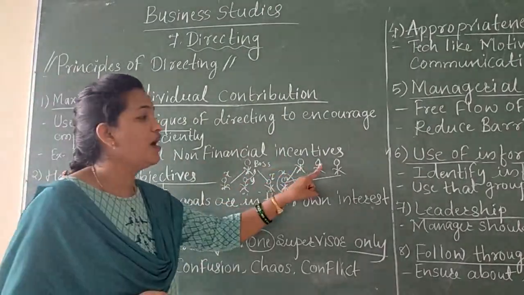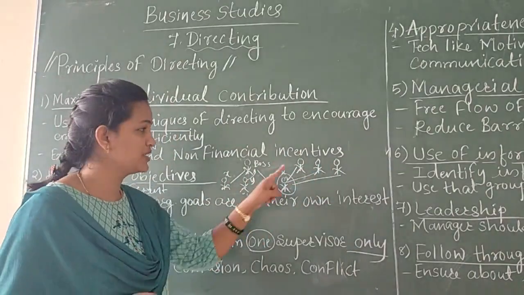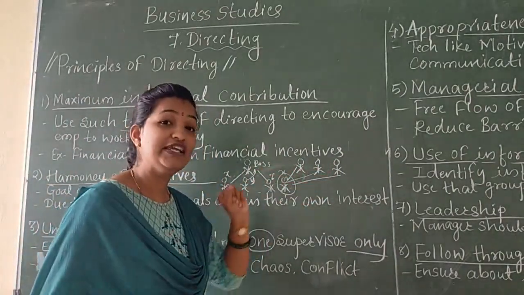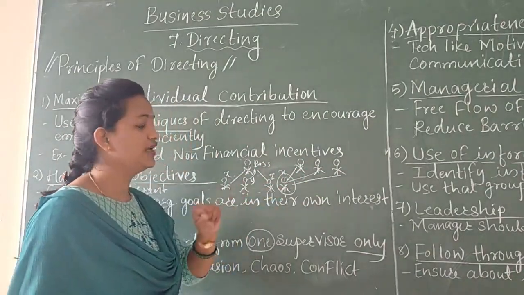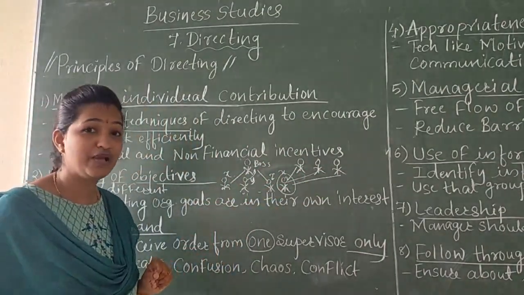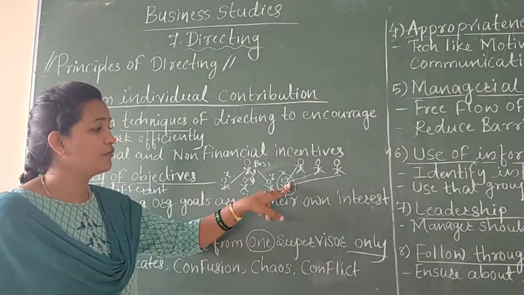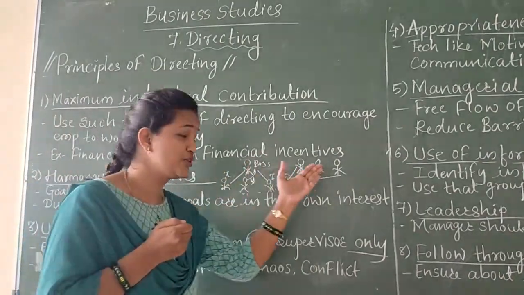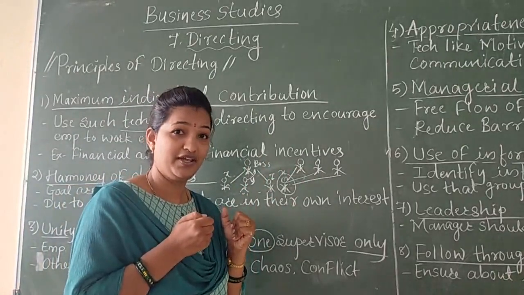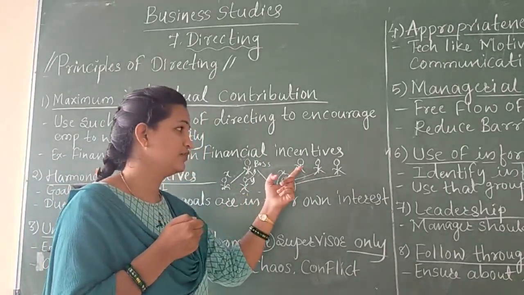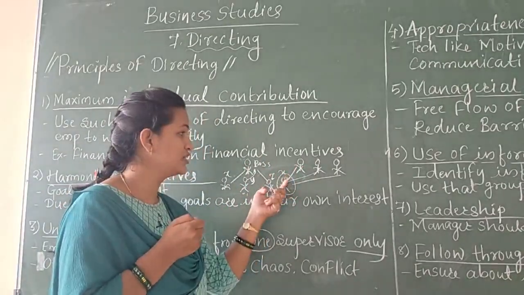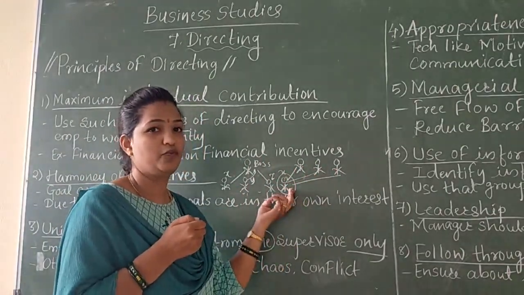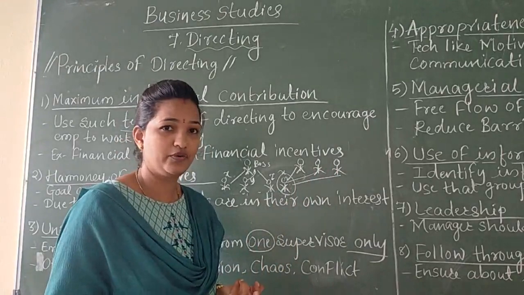But if there are more bosses, boss A, B and C, and all three give instructions to single employee X, what is going to happen? The employee is confused: whose work should I complete? If he does this boss's work first, the other two are angry with him: why did you not complete our work?